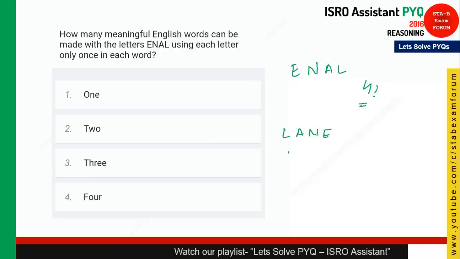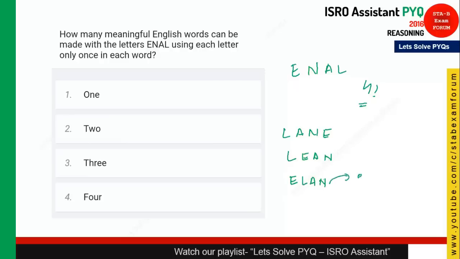The second word that can come to your mind is lean. Lean means very thin. The third and the most important word is Allen. This word students generally miss. What does Allen mean? Allen means energy.